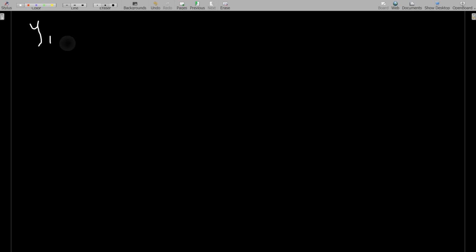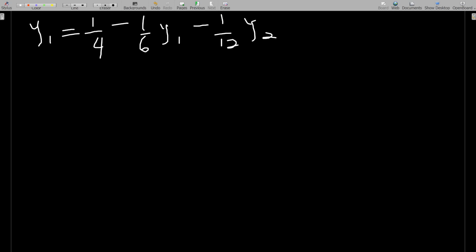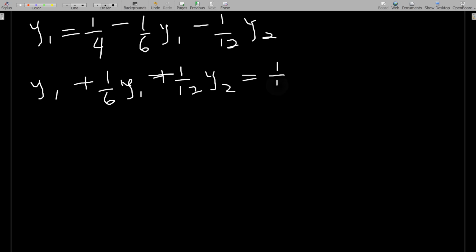So we know that y1 is equal to 1 over 4 minus 1 over 6 y1 minus 1 over 12 y2. So y1 plus 1 over 6 y1, plus 1 over 12 y2 is equal to 1 over 4.